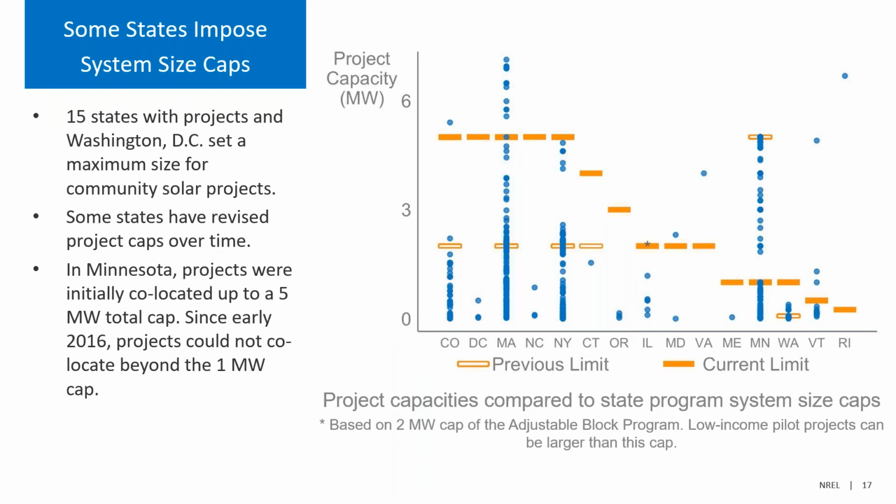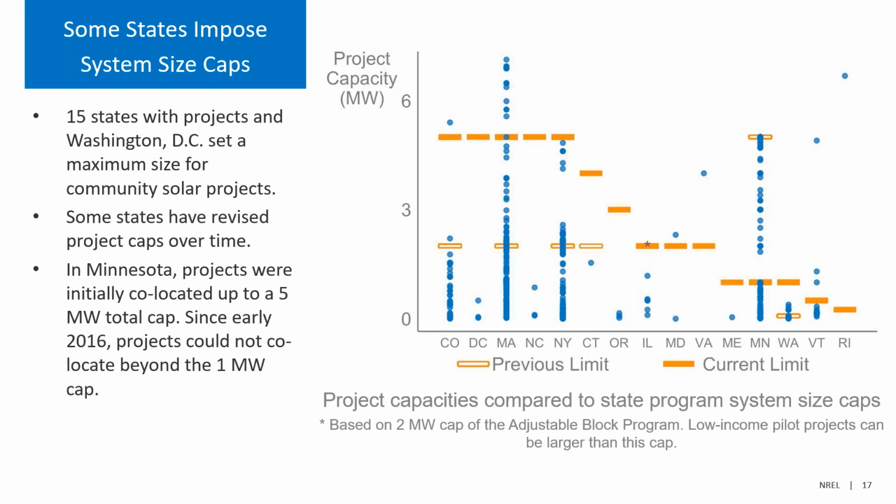One of our other questions when gathering all this data on community solar is how project sizes might impact deployment in the market. So we do have 15 states and DC that have a maximum size for their community solar projects. You can see there on the right in the solid orange bars what the project capacity limits are today.